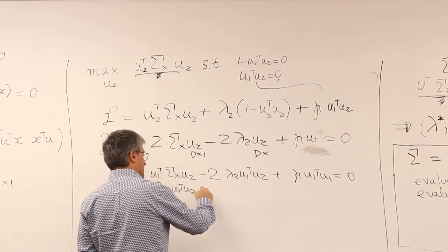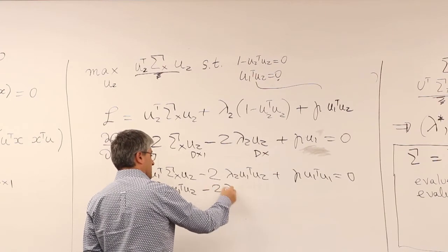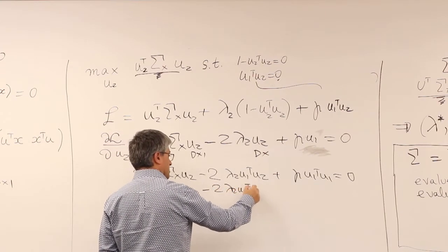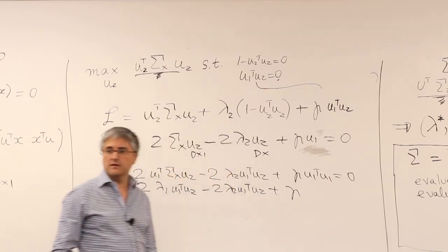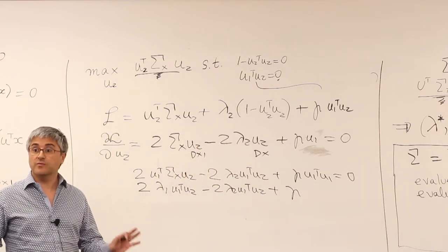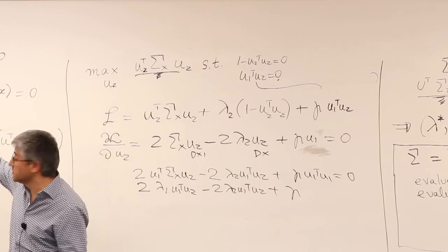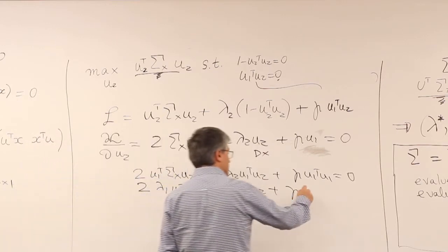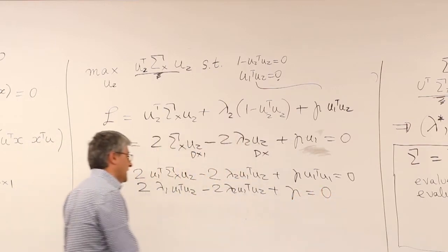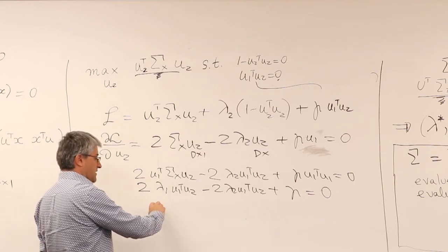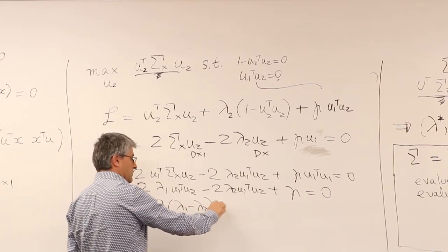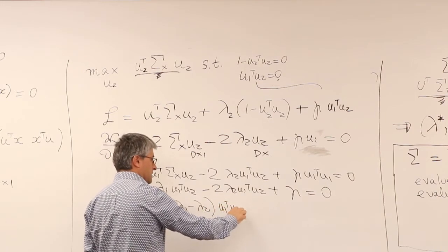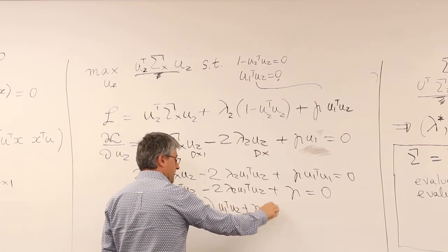Minus 2 times lambda 2 U1 transpose U2 plus gamma. What is U1 transpose U1? 1. That was a unit vector from the previous part. So that is just that. And if you put these two things together, you get 2 times lambda 1 minus lambda 2 U1 transpose U2 plus gamma is equal to 0.